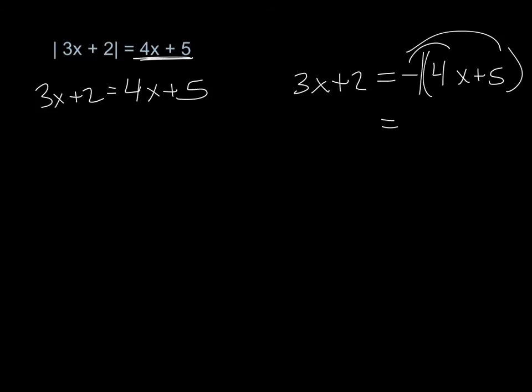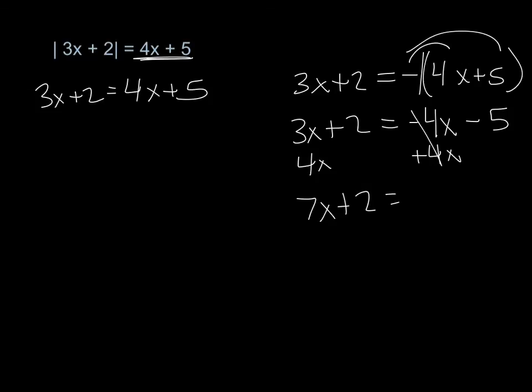So I'm actually going to solve this equation first. So negative 1 times 4x is negative 4x, and the negative 1 times 5 is negative 5. All right, I'm going to move my 4x term to the left-hand side. Subtract 2.